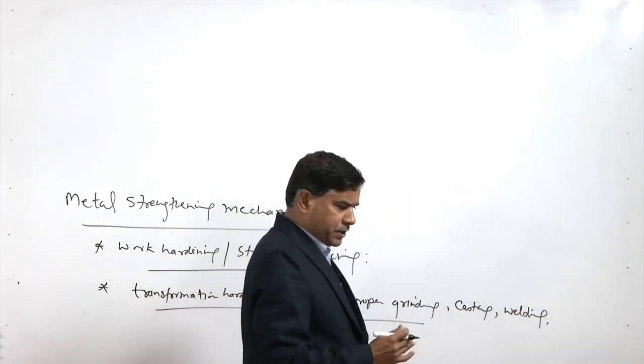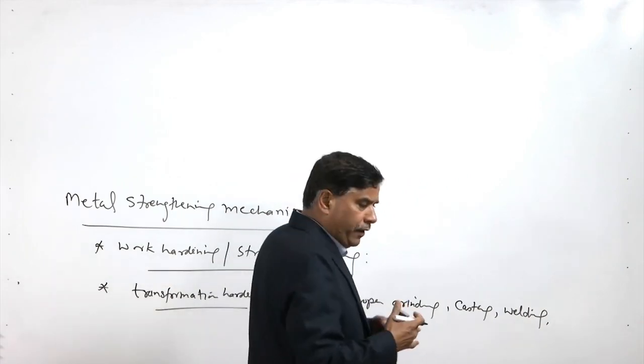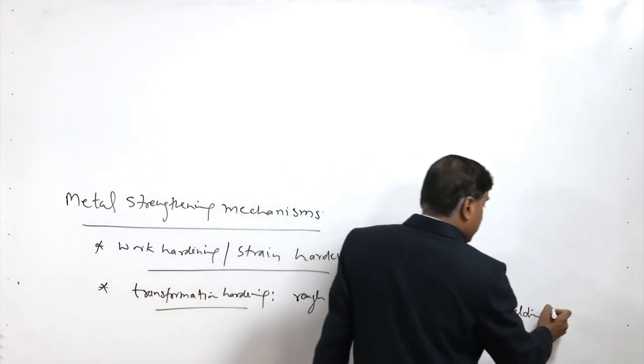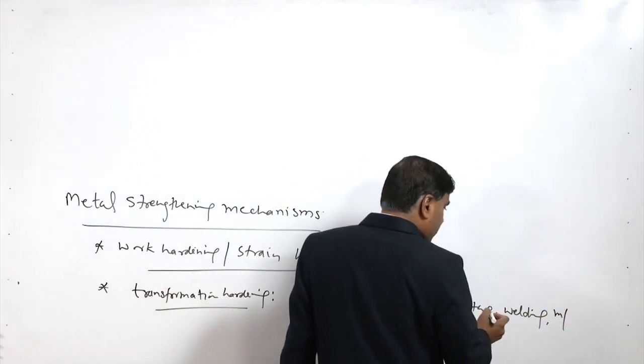And machining processes where the heat is used for melting and ablation of the metal, there also transformation hardening can occur.